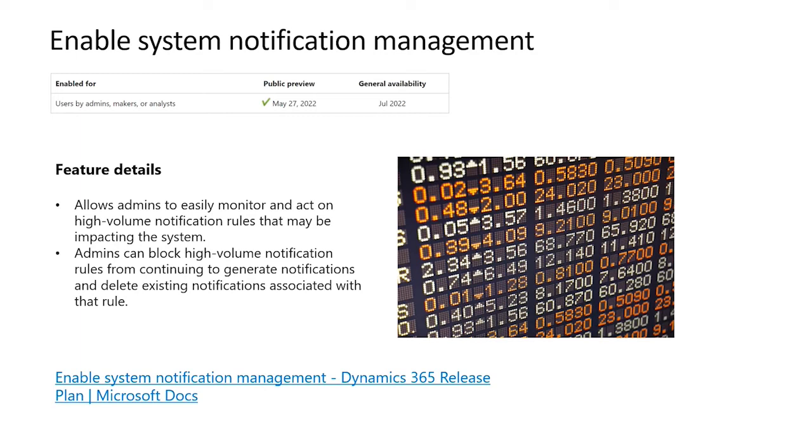So with this new feature, admins will be able to more easily monitor and block those offending notification rules without taking away that key notification feature that so many users take advantage of to make their lives easier throughout the day. This one is currently in public preview with an expected GA of July.